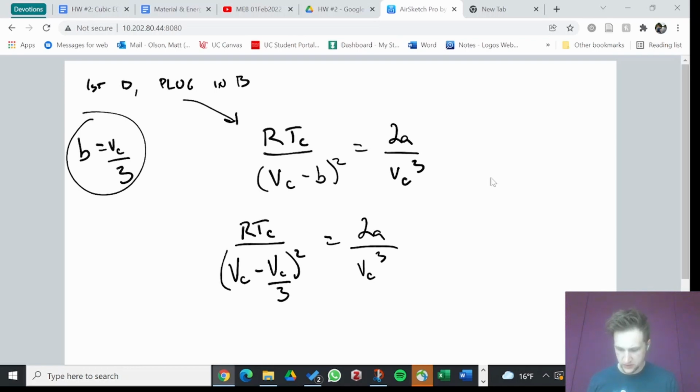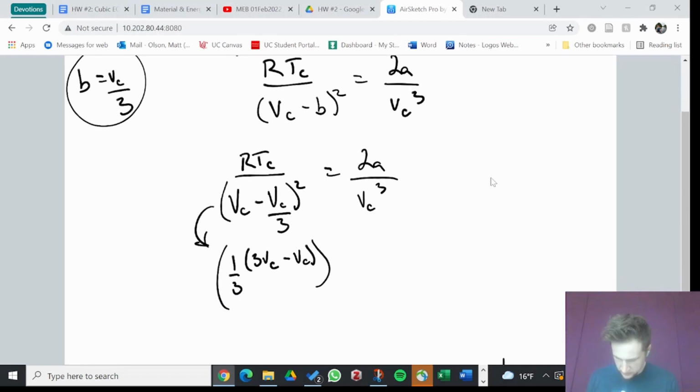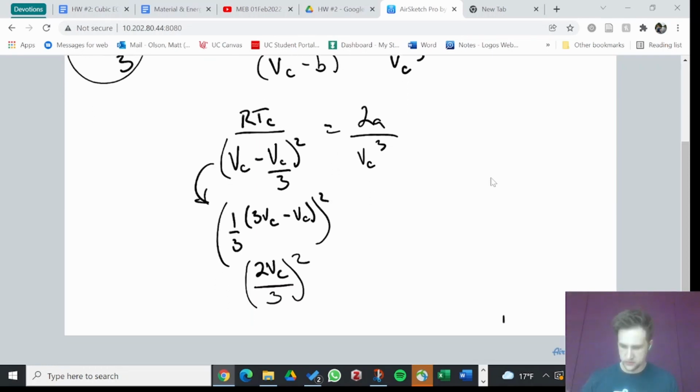So now we have to simplify the denominator, which is going to lead to pulling out that 3. So that's going to lead to 3VC minus VC. Sorry, what I'm doing here is just dealing with the denominator at the moment. This whole thing is going to be squared, leading to 2VC over 3, this whole thing getting squared.